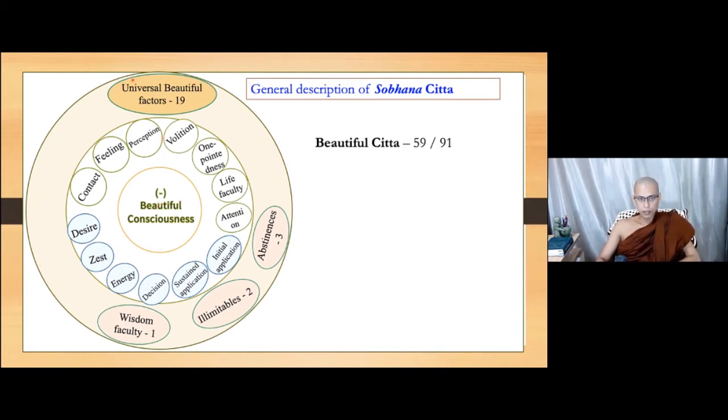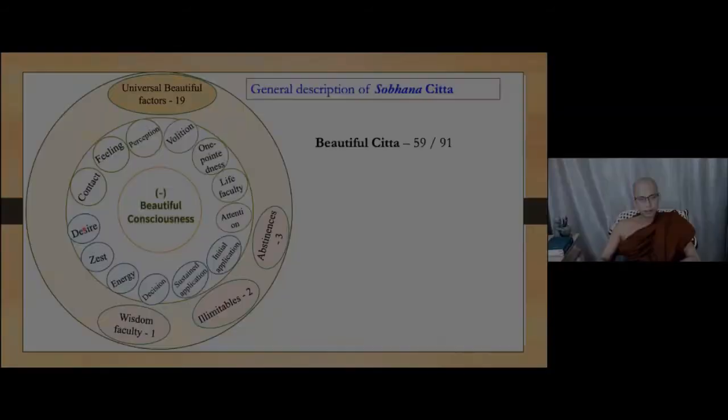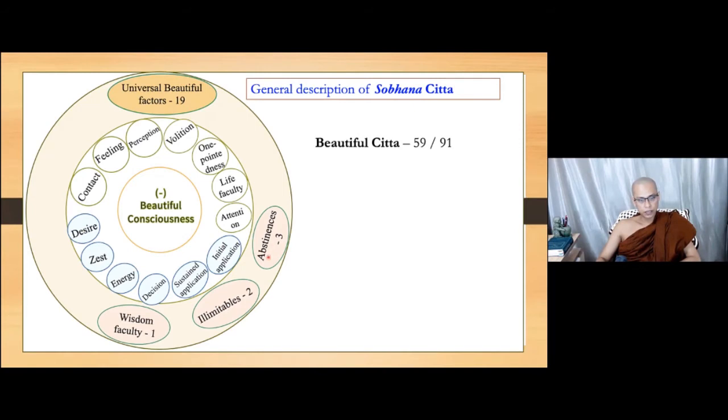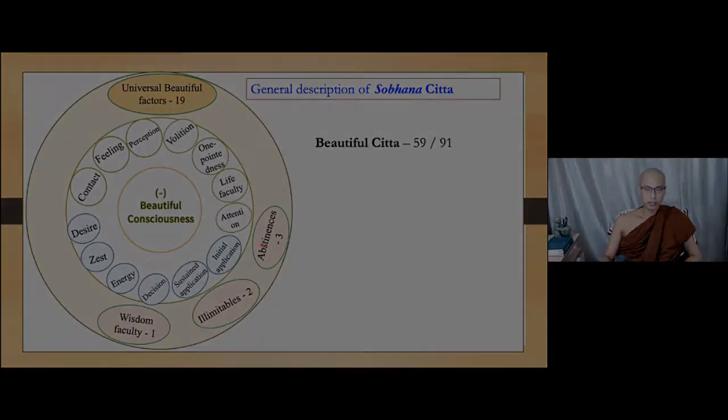Here, the universal beautiful factors will always accompany, always associate with all types of beautiful consciousness. Then abstinence, illimitables, and wisdom faculty become occasional to the beautiful consciousness. Sometimes they associate and sometimes they dissociate.